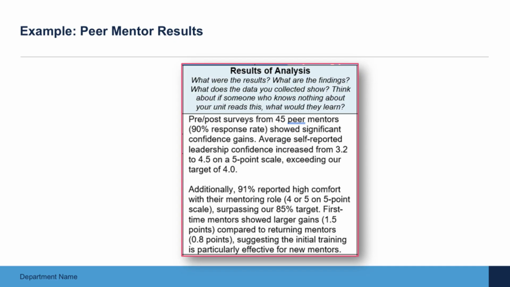Additionally, 91% reported high comfort with their mentoring role, 4 or 5 on a 5-point scale, surpassing our 85% target. First-time mentors showed larger gains, 1.5 points, compared to returning mentors at 0.8 points, suggesting the initial training is particularly effective for new mentors. Notice the specific numbers, target comparisons, and population analysis.